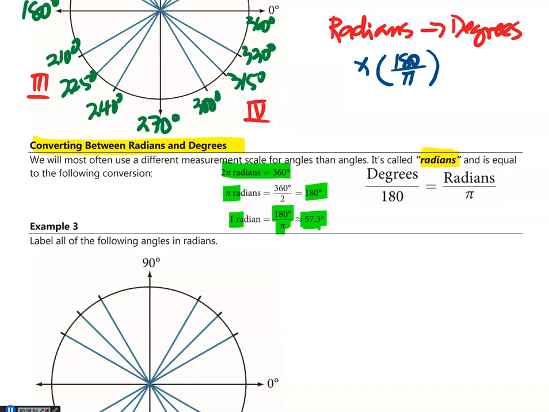And when you do that, you'll be able to get that is equal to something degrees. And same thing from degrees to radians.